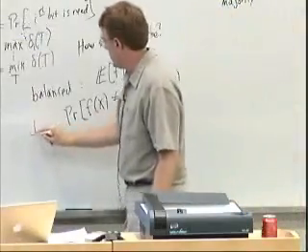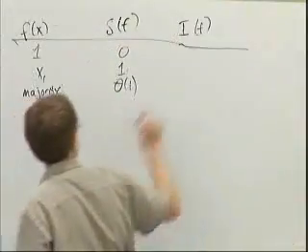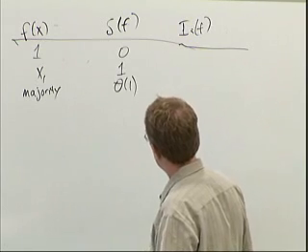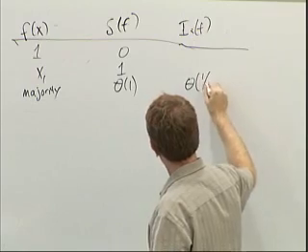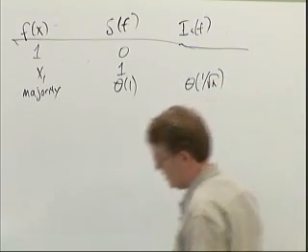So for majority, the influence of the ith bit is pretty small, order 1 over root n.